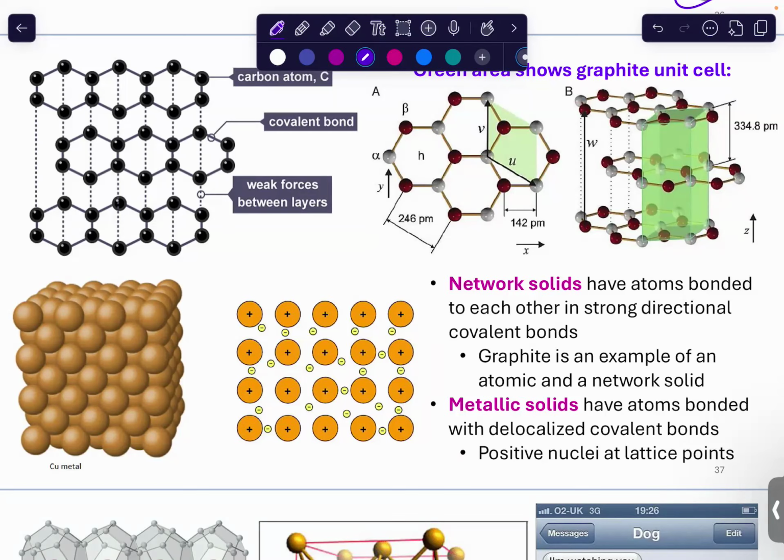Look at the metallic solid though. How does it bond? It's still a type of covalent bond. And then for a metallic solid, what is at each lattice point?